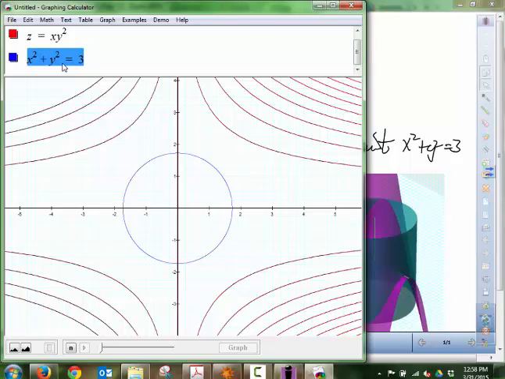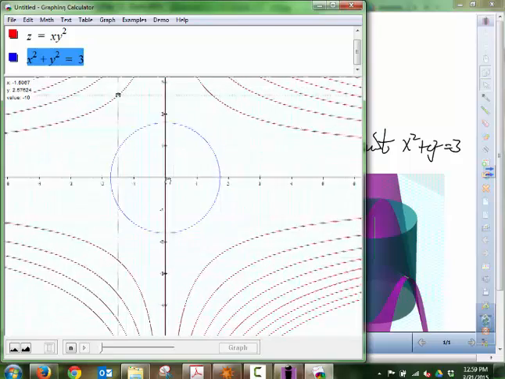There's no z in it, so this is a graph in 2 dimensions. Now, I want more level curves here. How can I draw more level curves? I thought I had more control on this.